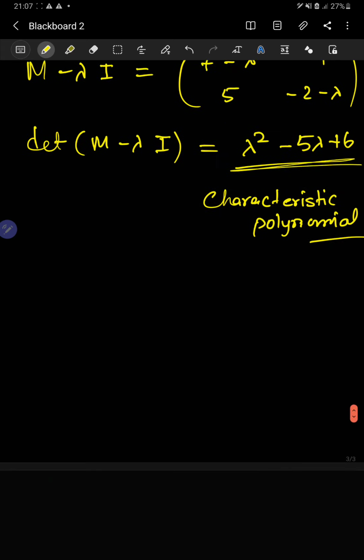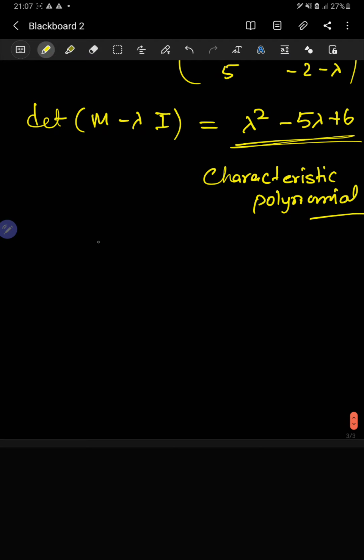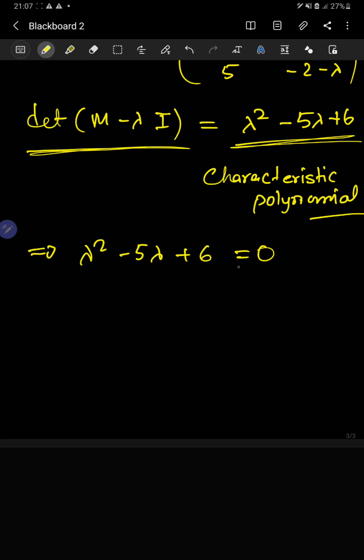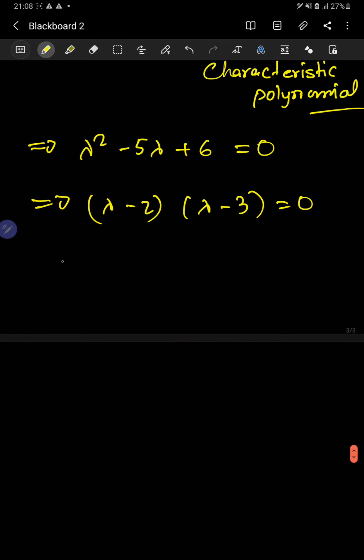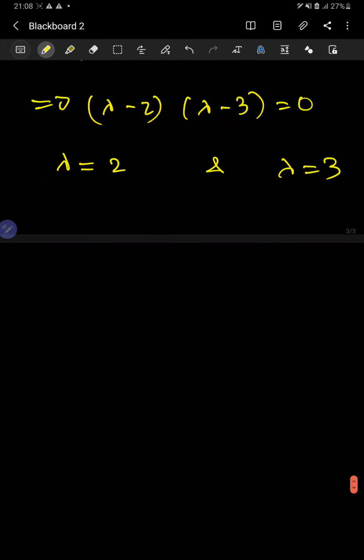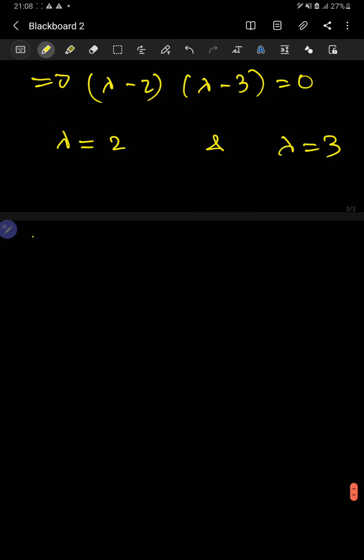Since the determinant is 0, we can set the characteristic polynomial to 0, that is, lambda squared minus 5 lambda plus 6 equals 0. We then call this the characteristic equation, and if we do some factorization, we get the allowed values of lambda: 2 and 3.